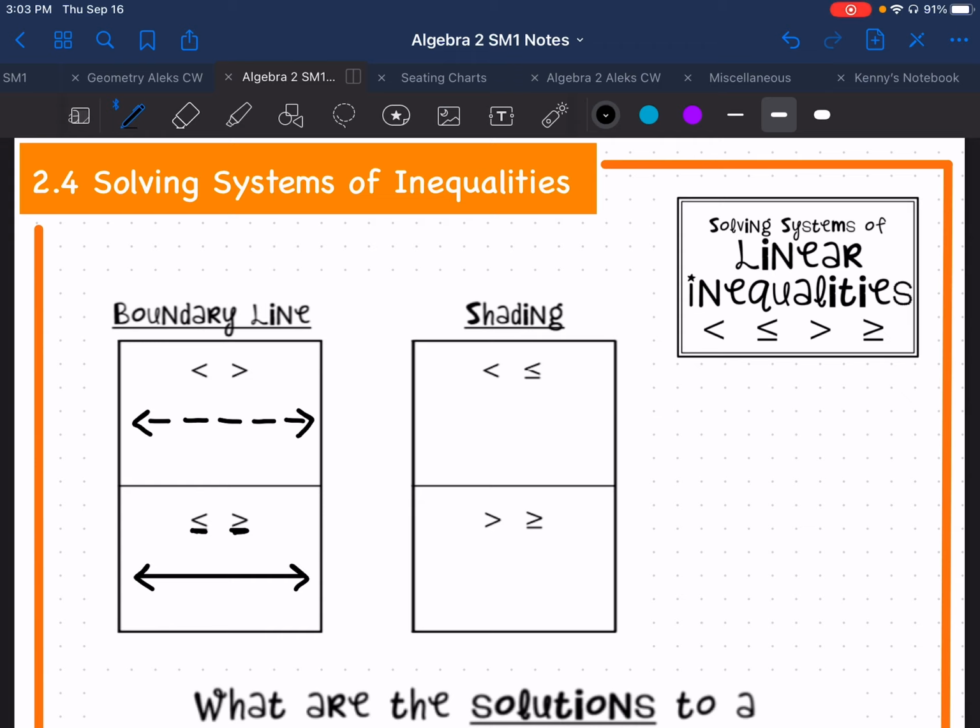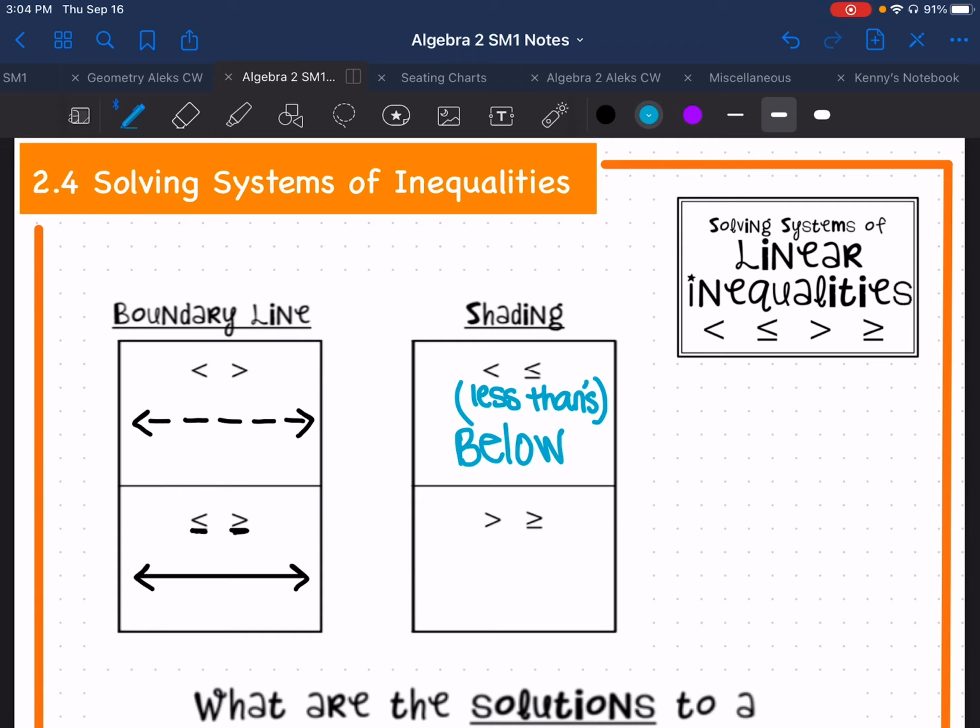Then we're going to go ahead and shade. When I see the less thans, these are the less thans, either just less than or less than or equal to, then I am going to shade below my line. Your intuition is going to be your best friend in this case. Most of the time when you pick what's below, you know it's below.